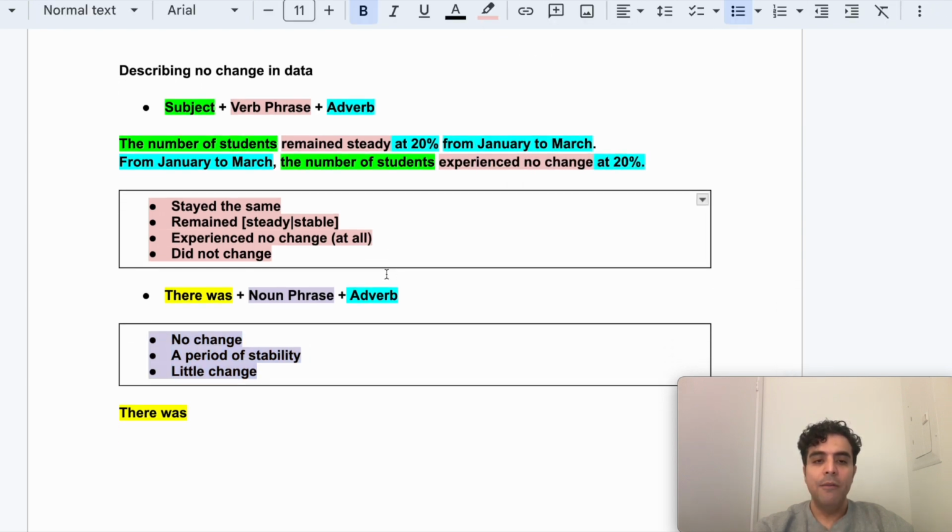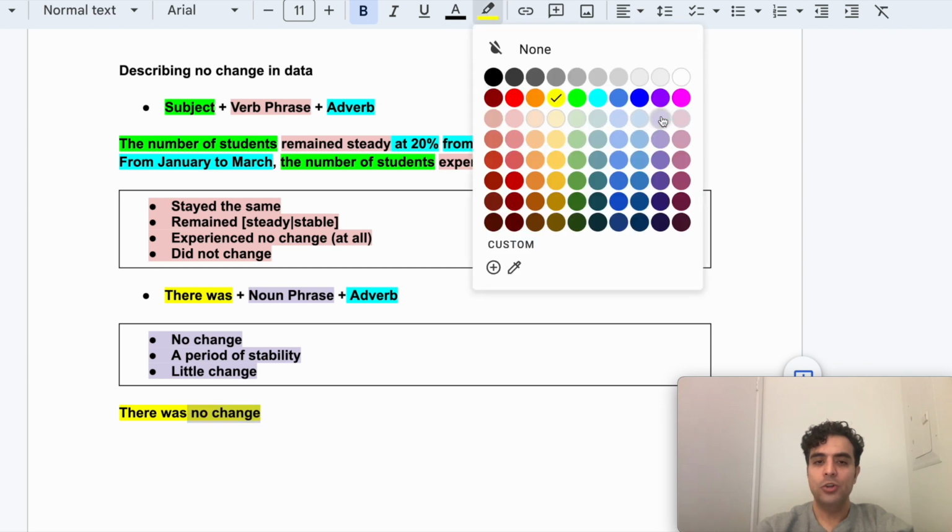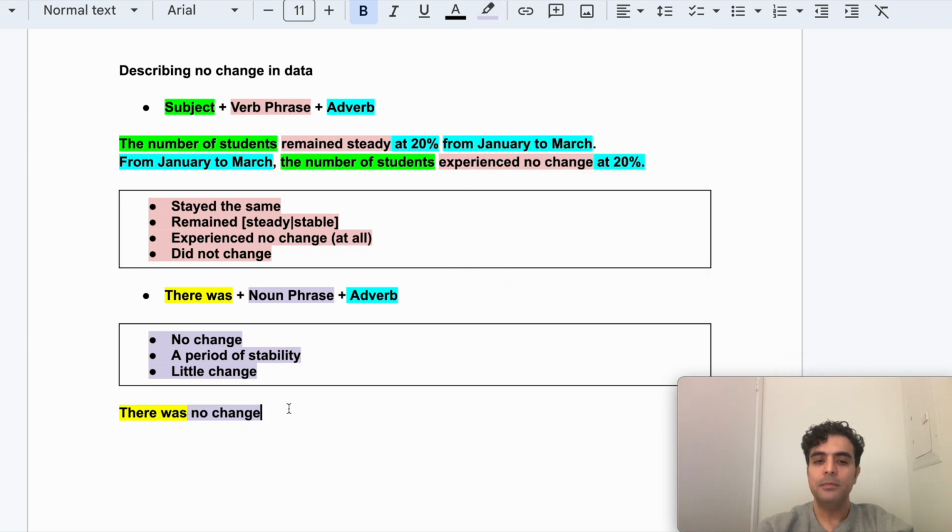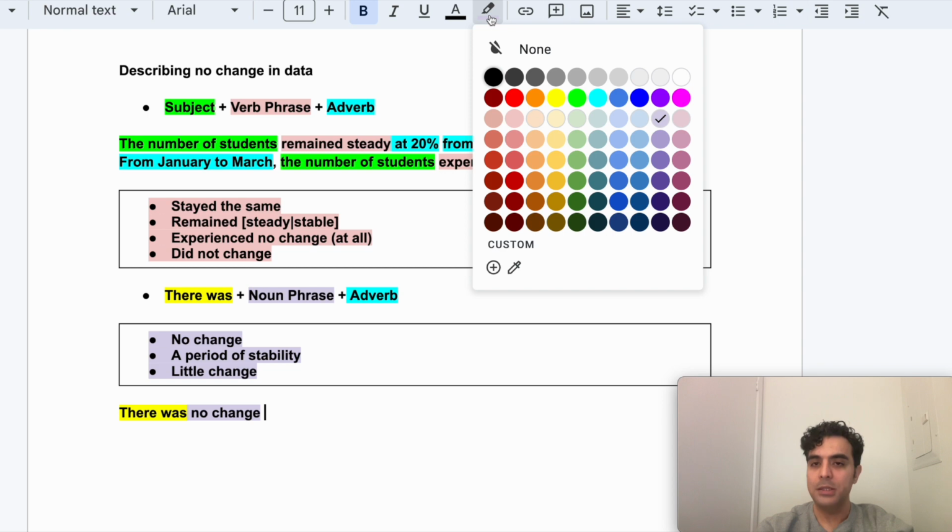I have the noun phrase in purple. So there was, I'm going to go with no change, right? In the previous one, what did I say? They said remained steady. So I think I could use no change. So there was no change. Make sure the color's right. And then I'm going to say in what, right?